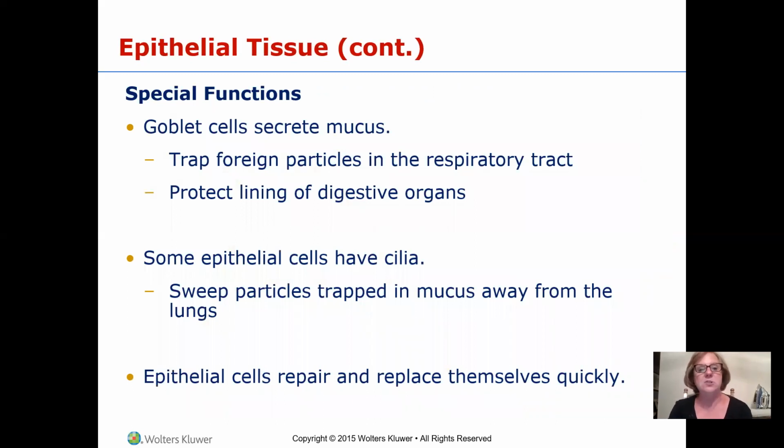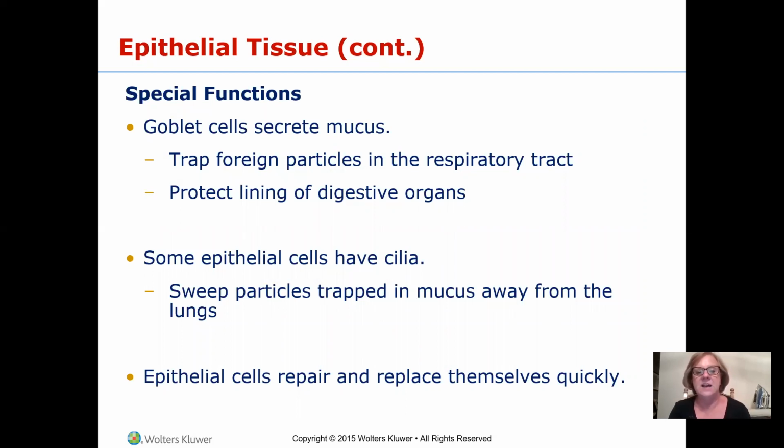So some of the special functions of epithelial cells is that they have goblet cells, especially with the columnar cells, and they trap and secrete some mucus into the digestive organs and into the respiratory tract.